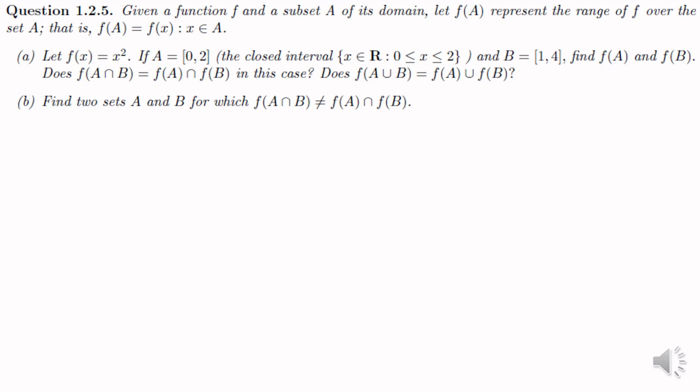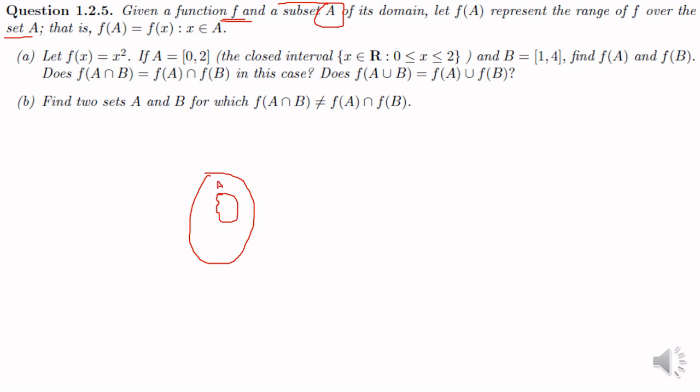Given a function f and a subset A of its domain. So if you are given a function f and A is a subset in the domain of f, and let fA represent the range of f over the set A. So here you have a domain of f, and inside the domain of f, A is a small set.